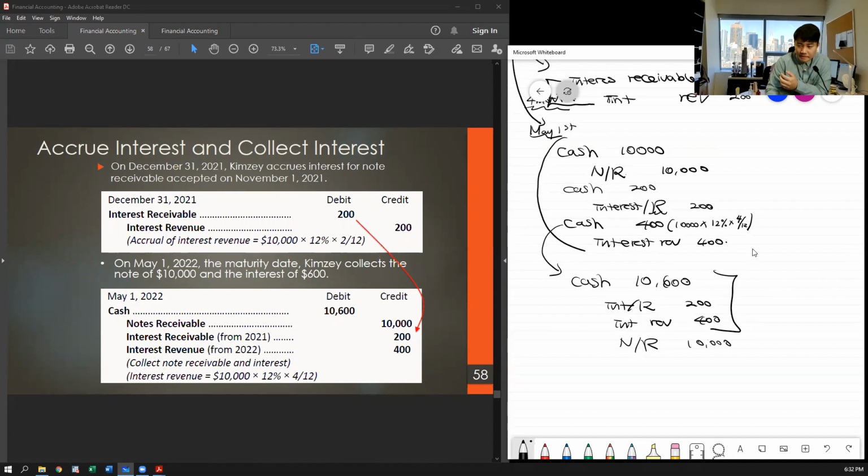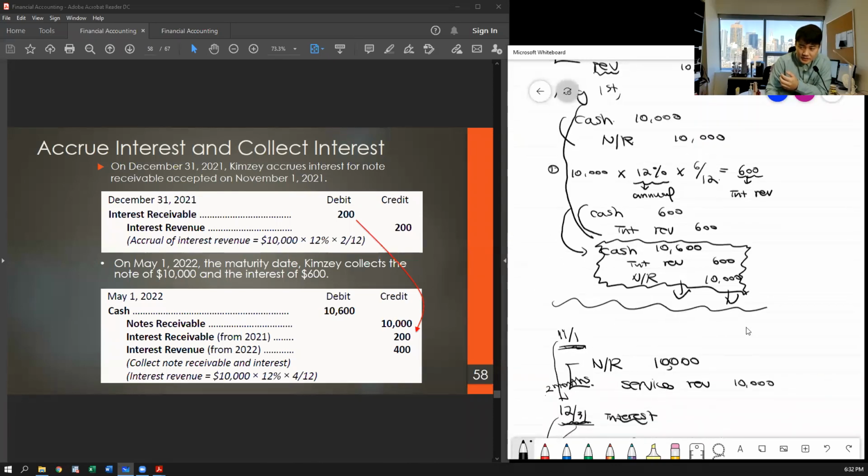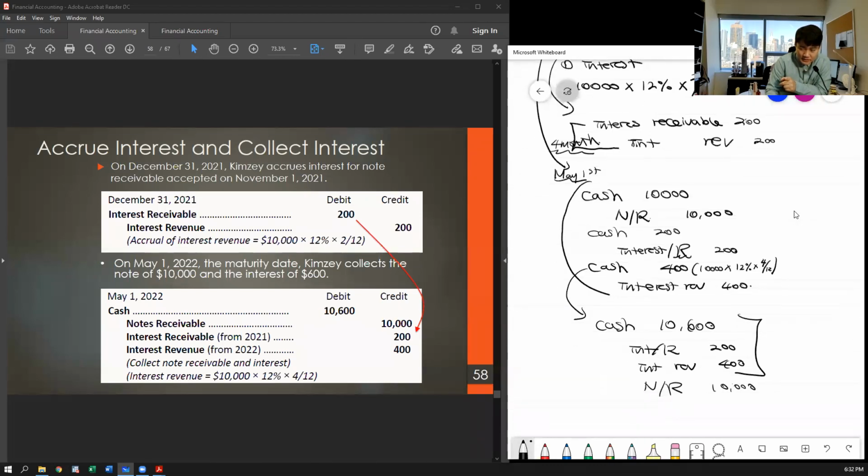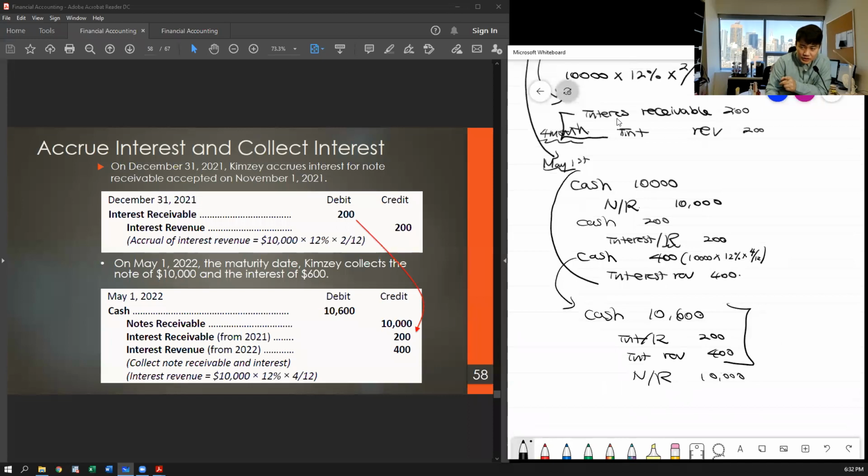So in the previous case, you only reported this interest revenue for the amount of $600. Now in the next case, because you made an adjusting entry on December 31st, you only report $400 for interest revenue, and for the rest of the 200, you're going to be recording a credit to interest receivable. Okay. Any questions on this?